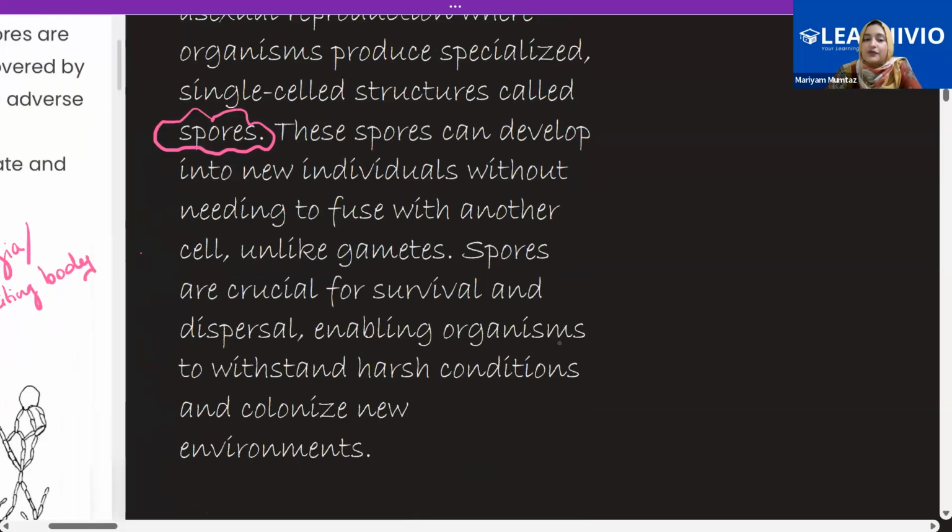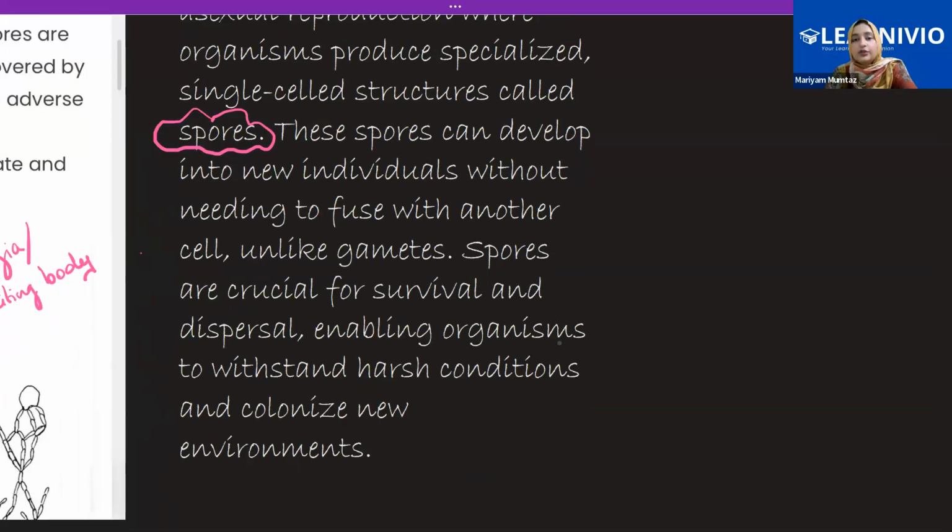As soon as you provide them with suitable conditions, they will form new fungus. These spores can develop into a new individual without needing to fuse with another cell. They don't need any other cell. That is why they are a part of asexual reproduction. Is it clear?